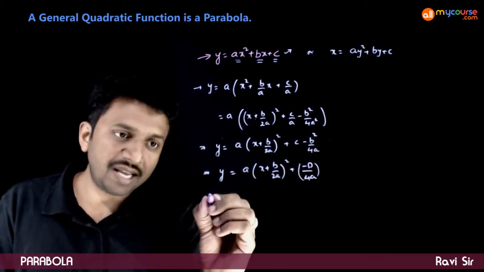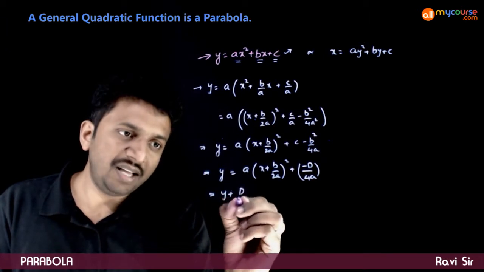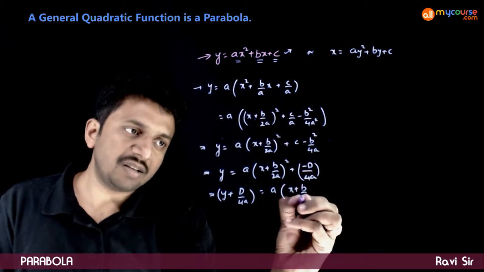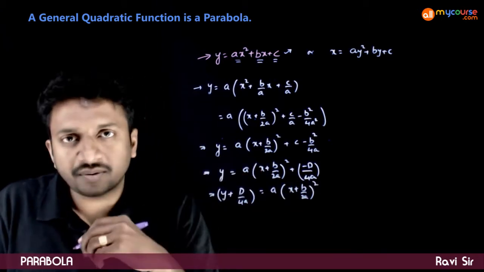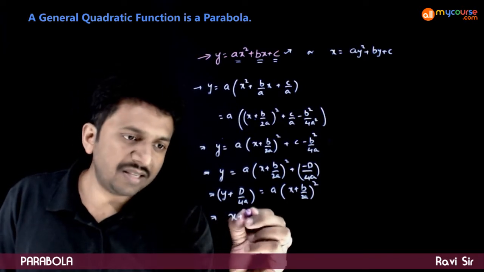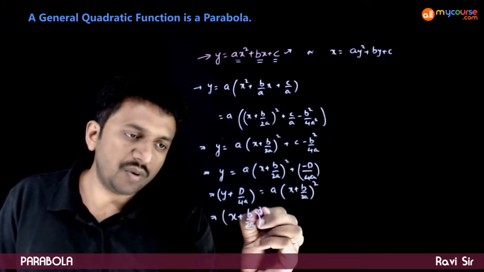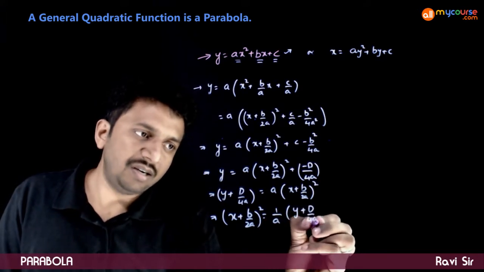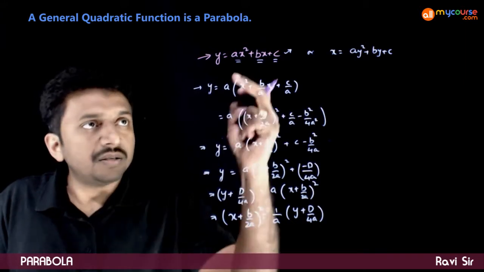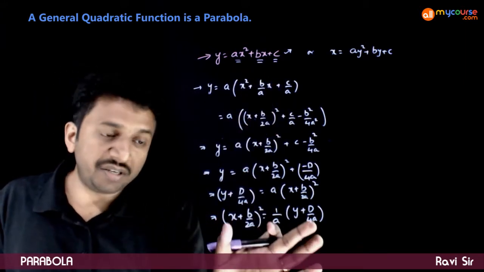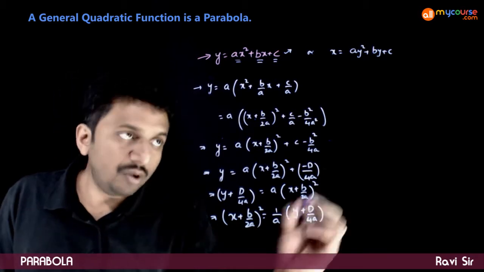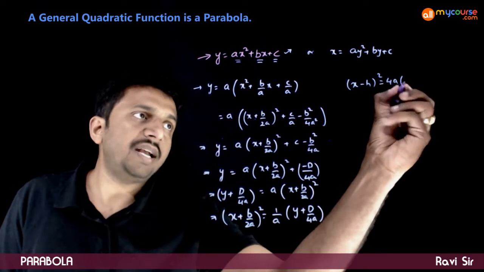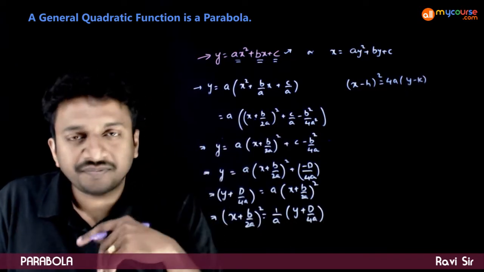So if you send this onto this side, you get y plus d by 4a is equal to a times x plus b by 2a whole square. So this implies x plus b by 2a whole square is equal to 1 by a times y plus d by 4a. So this function has been reduced to this form, which looks like x minus h whole square is equal to 4a times y minus k.